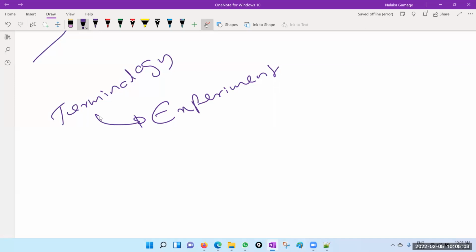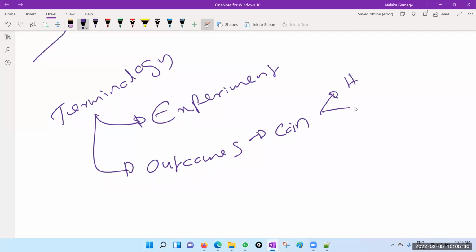Okay, so when we do an experiment, there can be outcomes or possible outcomes. You have to be very serious about these words. Outcomes are, for example, if you throw a coin, there are only two outcomes: getting head, getting tail.